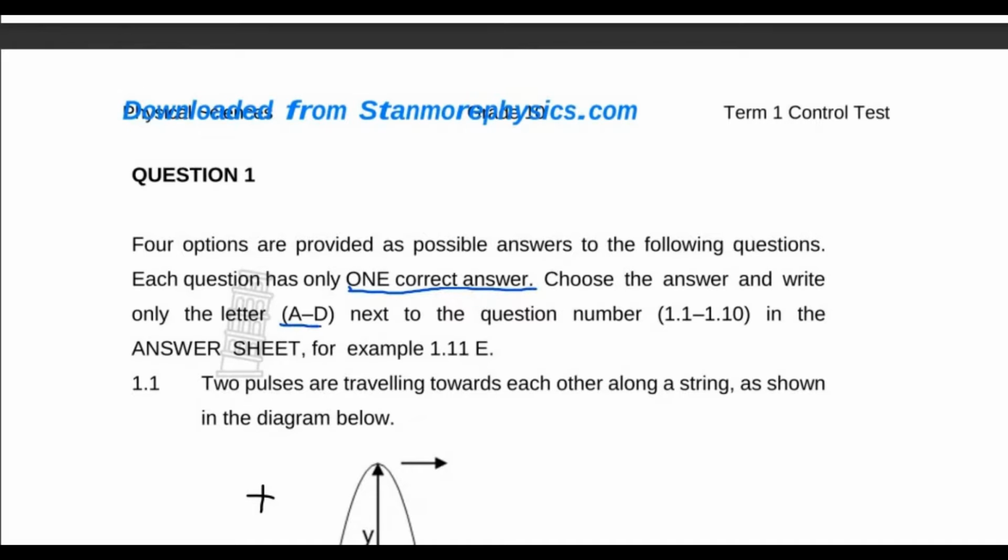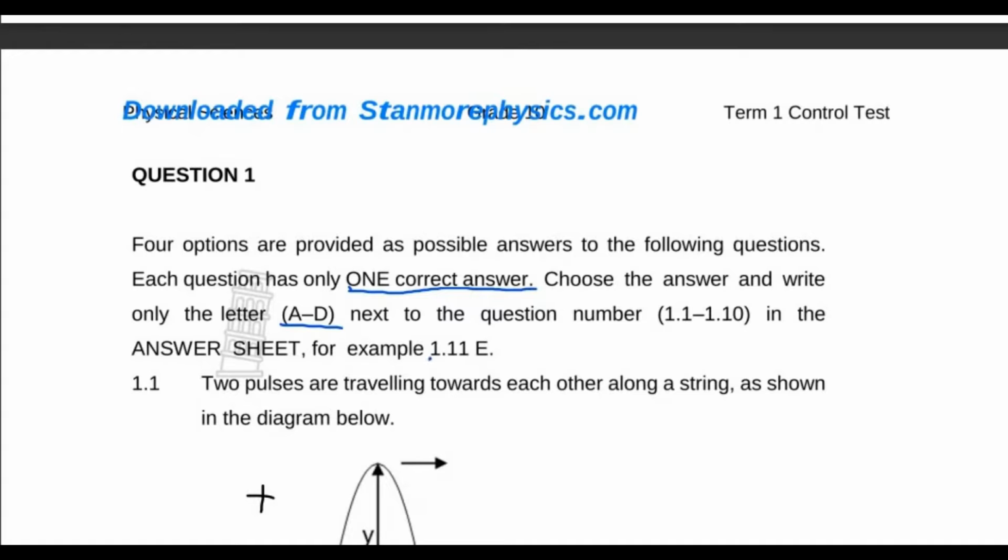So you only write the letter, not the statement, just the letter. So if it's question 1.1 and you see, okay, the answer is C, just write C. You don't need to write anything else from there. So just write only the letter next to the question number in the answer sheet.